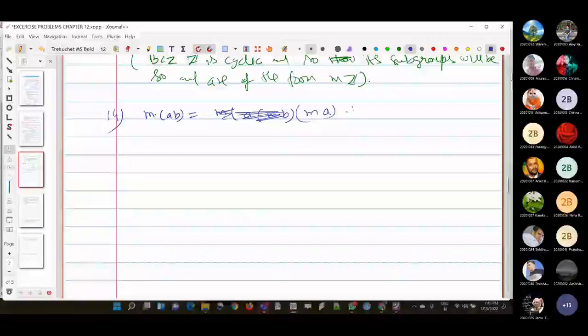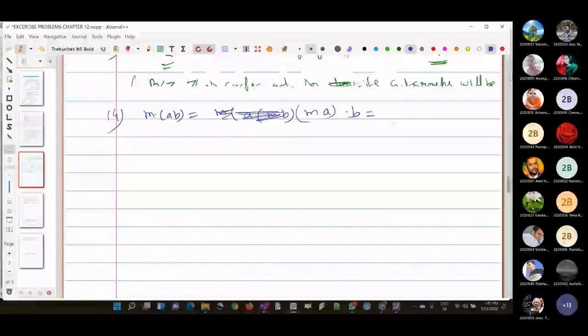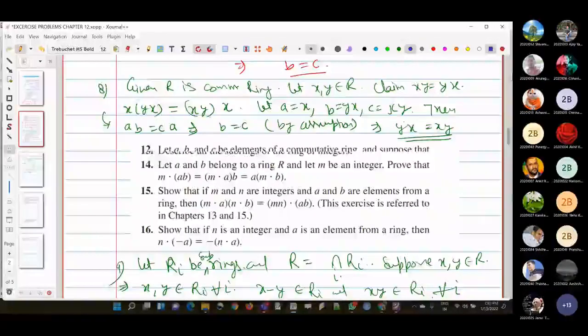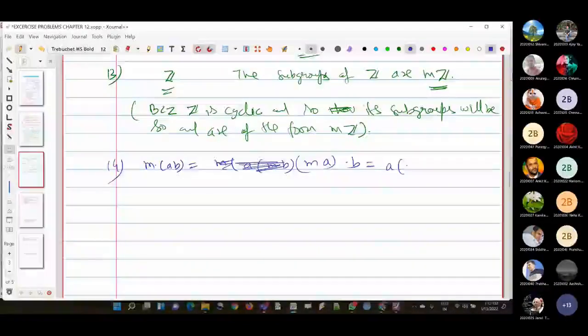And in the right, another part is A times mB. So the same thing they have written in a different way, and we have been using all these because they were rings at least.